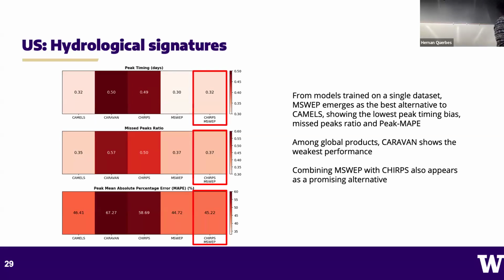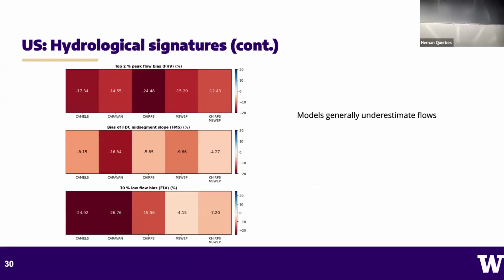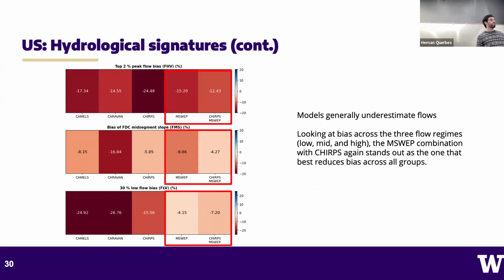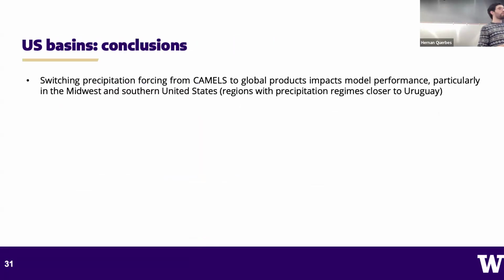And we also see that combining CHIRPS and MSWEP is a good approach. It's important to see this because if we now switch to the bias metrics, we see that working with the combination of CHIRPS and MSWEP improves the biases compared to training our model with MSWEP alone.